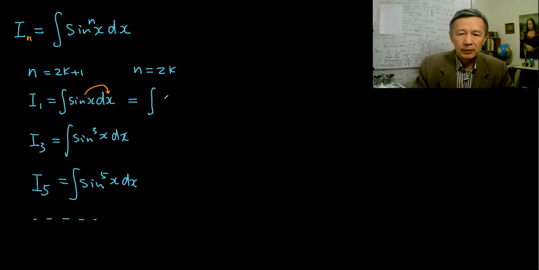In this way, we get the d cosine x, apart from the negative sign here. And that will allow us to cancel the two operations, namely integration and differentiation. So the answer would be straightforward: negative cosine x plus a constant.